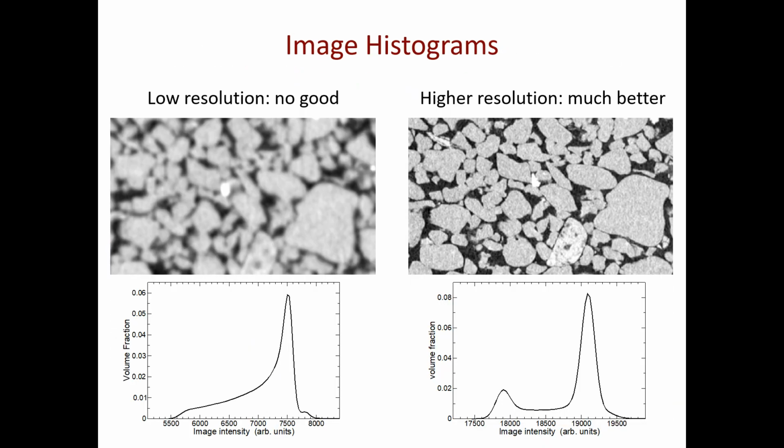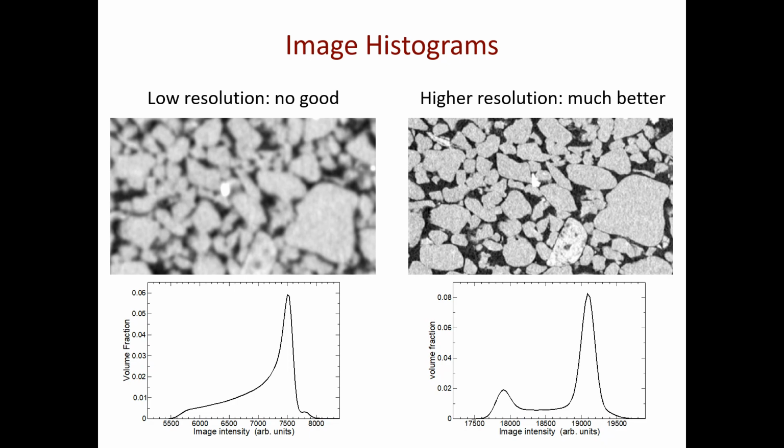Second point that I wanted to make: we often look at the histograms as part of the information of how our image looks. That's a statistical summary of our image. If I know that I'm imaging a porous medium, I should see two phases in that image.